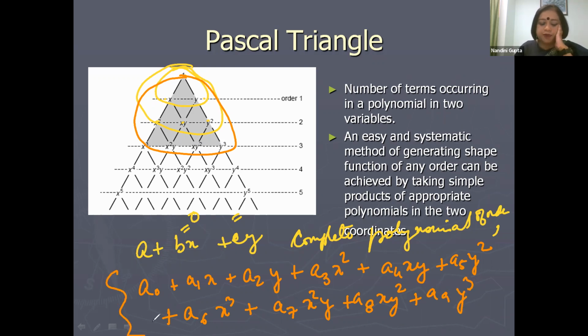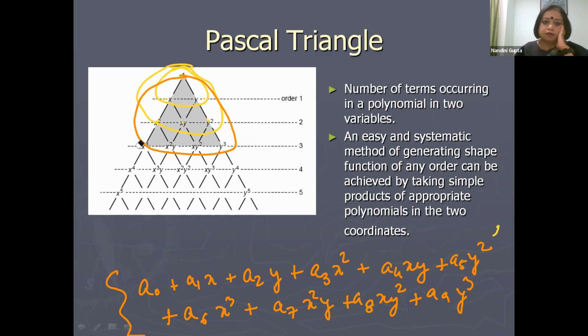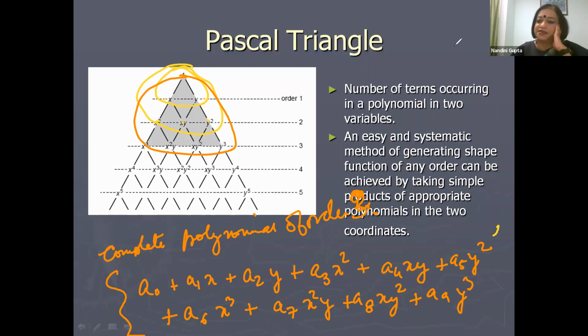This is a complete polynomial of order 3. So that has 1, 2, 3, 4, 5, 6, 7, 8, 9, 10 terms. So to uniquely define a polynomial with 10 terms, I need 10 points. But in the element that I have given you, there are only 8 points.